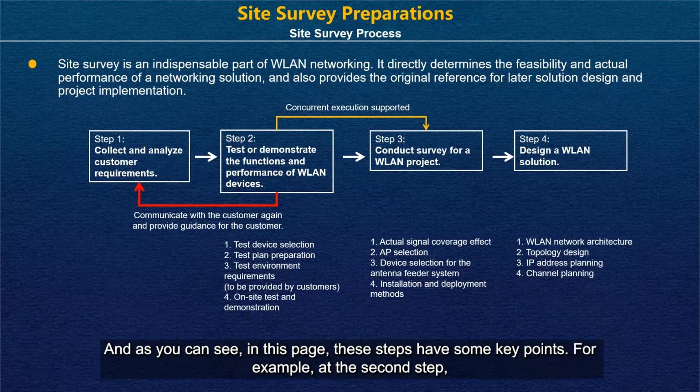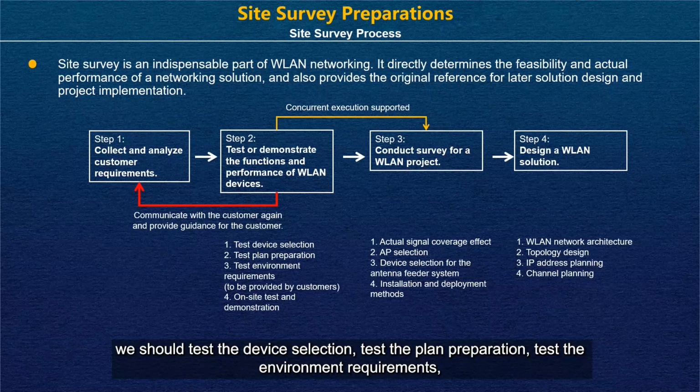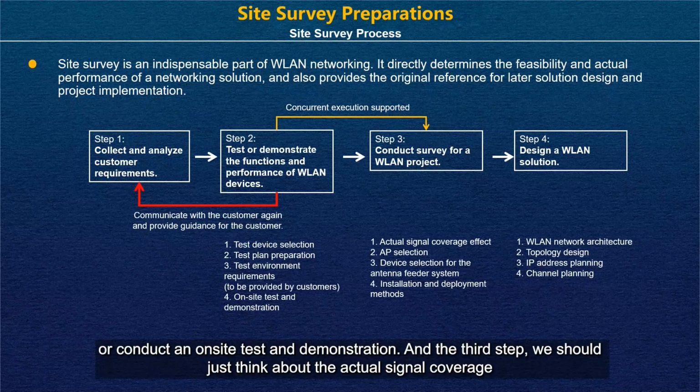And as you can see, this page, at this step, here are some key points. For example, at the second step, we should test the device selection, test the plan preparation, test the environment requirements, or conduct an on-site test and demonstration.